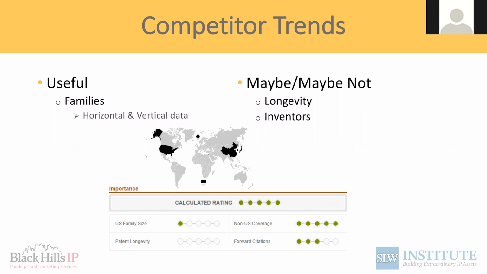The other item that I have here is inventors. Inventor data can be interesting. One way to look at it is to look at key inventors. So those that appear over multiple patents, inventors that are higher profile within a company, those that are published heavily.